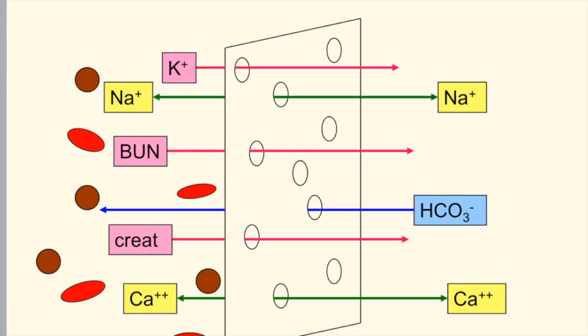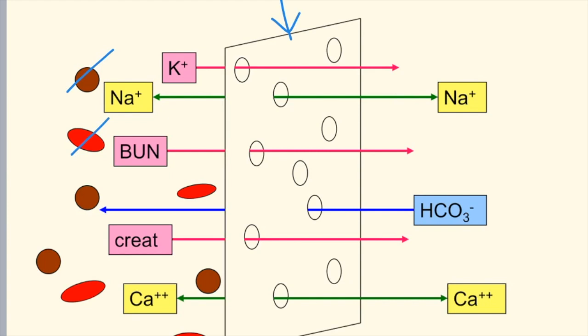Here's a diagram of how hemodialysis works. Here's the semi-permeable membrane with the patient's blood on one side and dialysis solution on the other side. The membrane contains many tiny pores which hold back larger elements like proteins and blood cells, but allow the small molecules to pass through.